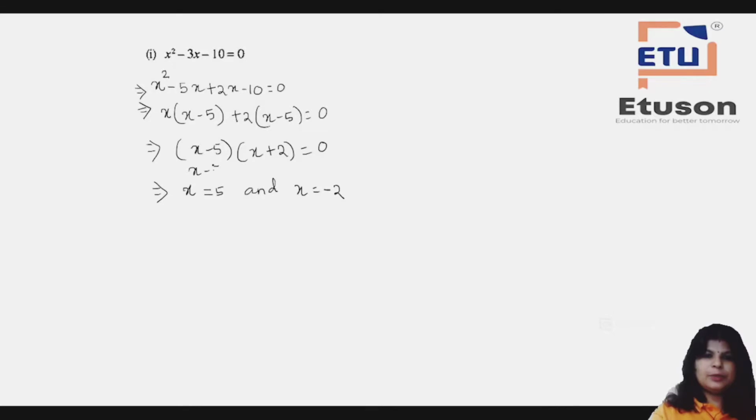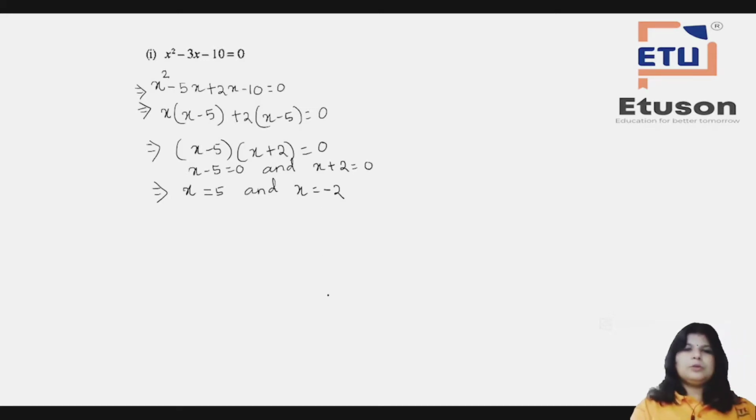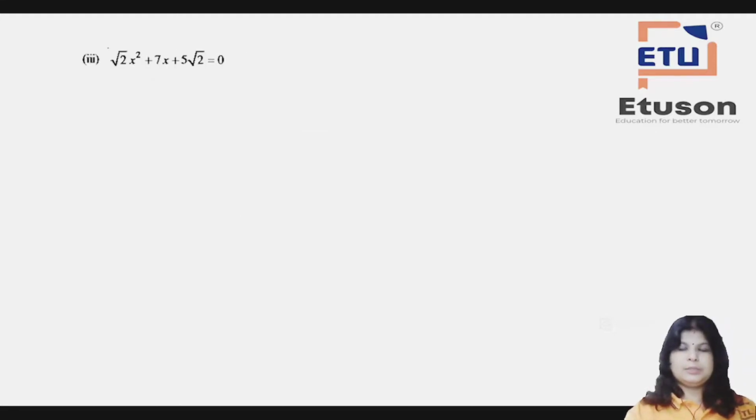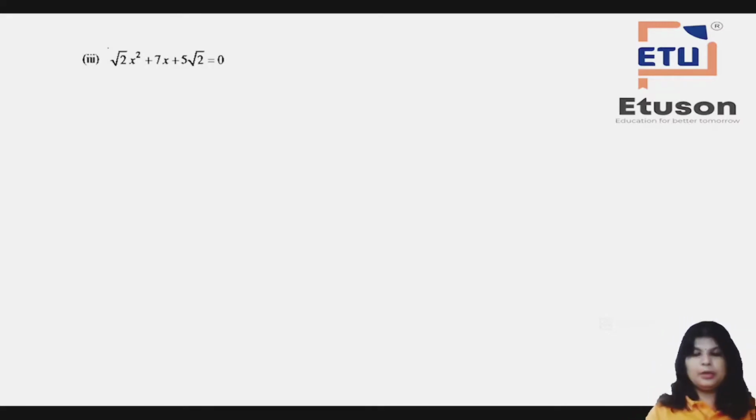Just by putting x minus 5 equal to 0 and x plus 2 equal to 0. Correct or not? So this is how you can find out the roots of the given quadratic equation, which are found to be 5 and minus 2 respectively. Correct children? Now let us go to the next question, that is bit 3 of your question number 1.